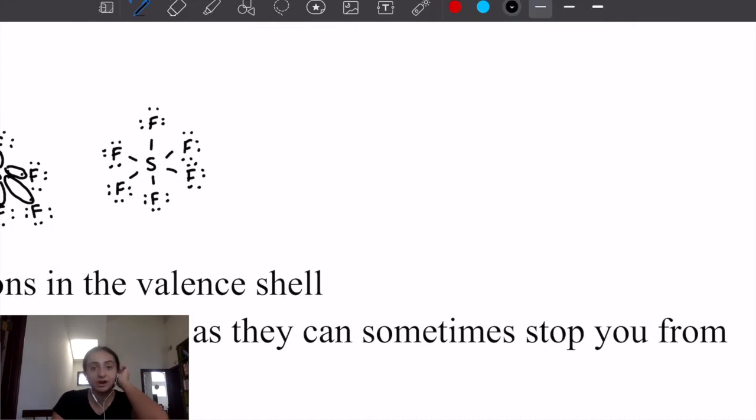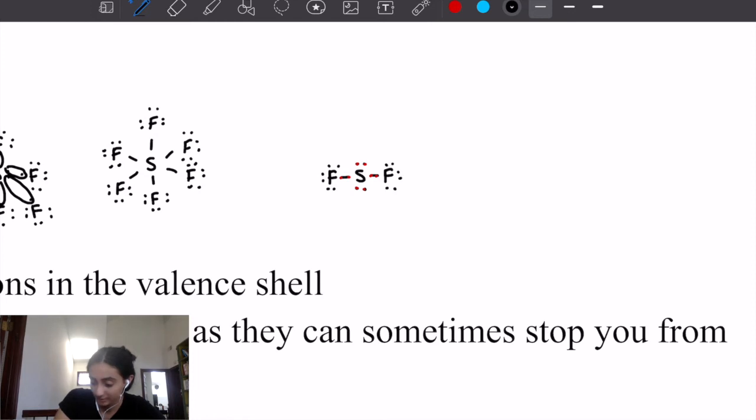So expanded octet elements can be stable with 8 electrons in the valence shell, but they can also be stable with more. So if I had sulfur and 2 fluorines, for instance, sulfur would have 8 electrons, 1, 2, 3, 4, 5, 6, 7, 8.